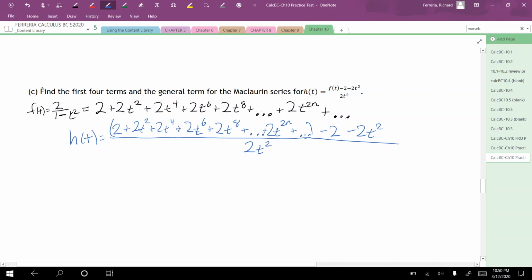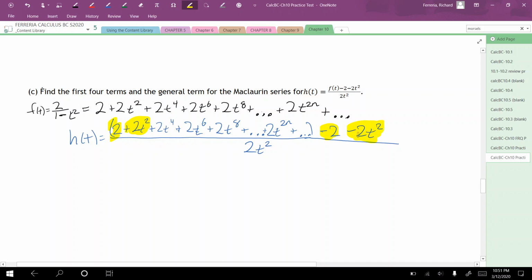That is a long expression. Let's just look at it and admire it for a second. Okay, that's enough time. Do things cancel out? Well, yeah, they do. This 2 here is going to cancel out with that minus 2. This plus 2t squared is going to cancel out with that minus 2t squared.